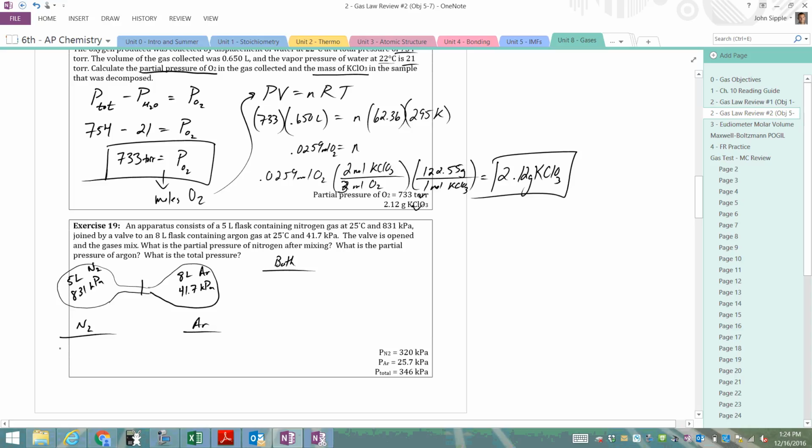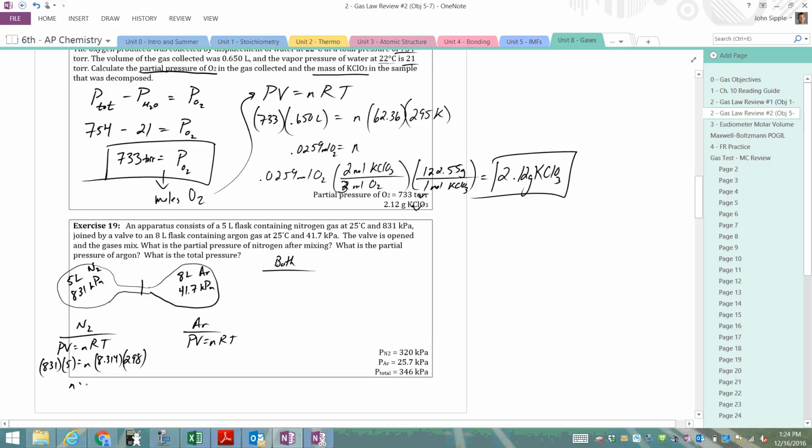We're going to do PV equals nRT for each of these situations, because we need to figure out how many moles of nitrogen and how many moles of argon there are. In this case, we have 831 kPa at 5 liters equal to n times R, where R is 8.314, times the temperature, 25 plus 273, so that's 298.